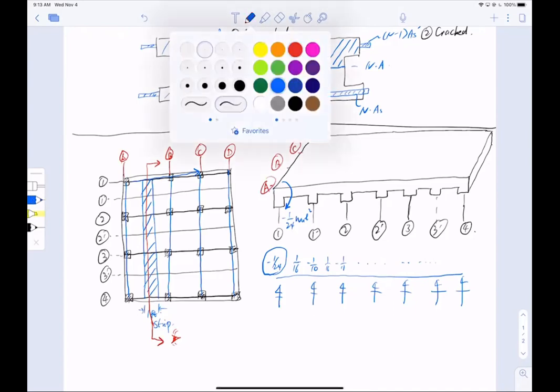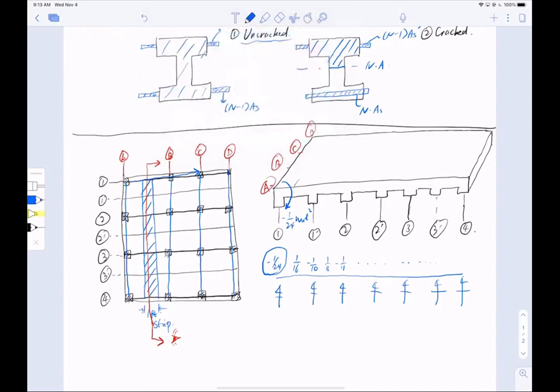That means if I do a cut of the slab, you see this moment consistently acting along this direction of minus 1/24 omega u L squared. Now this 1 foot of strip is basically per strip like that.